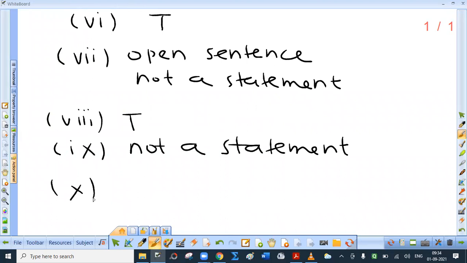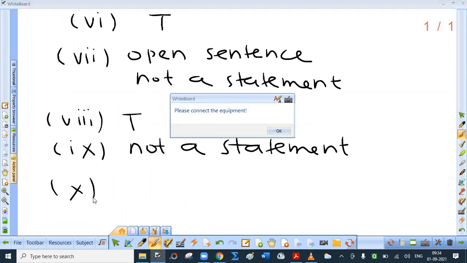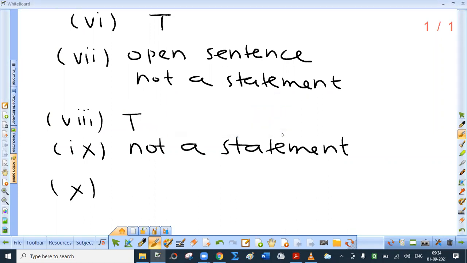Tenth one: the sun sets in the west. Yes, it is a statement which is true.